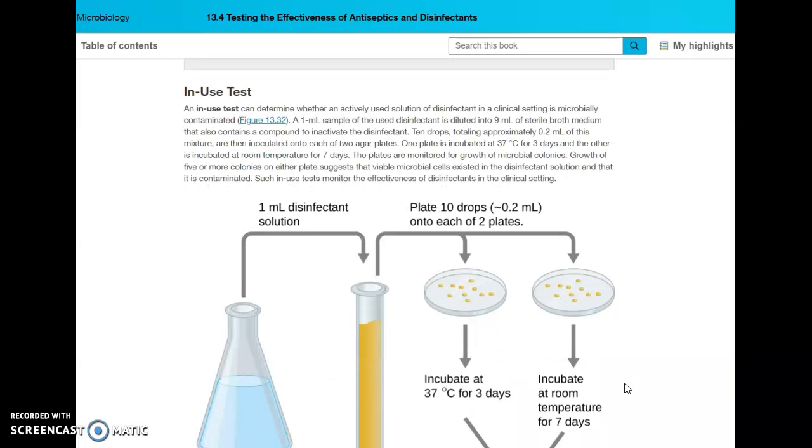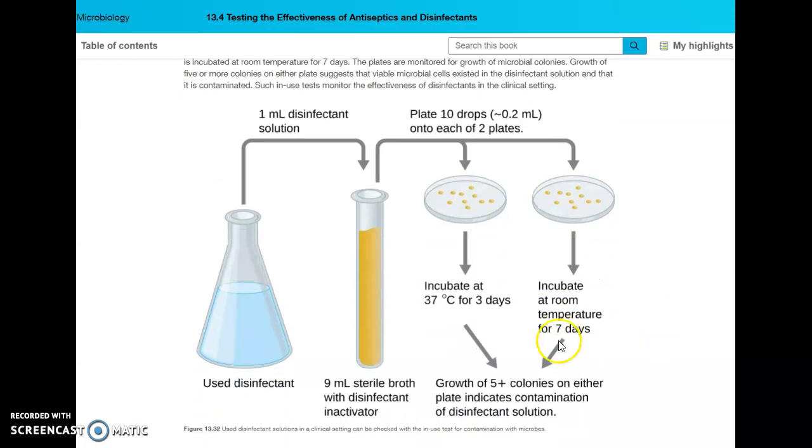The last test we have is the in-use test, and this is when we really put it to the test in a real world situation. So we take an actively used solution of disinfectant and determine if it's microbially contaminated. And in this in-use test here, you kind of see what's happening. We have used disinfectant.